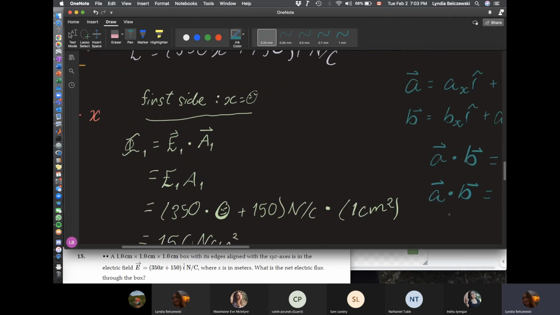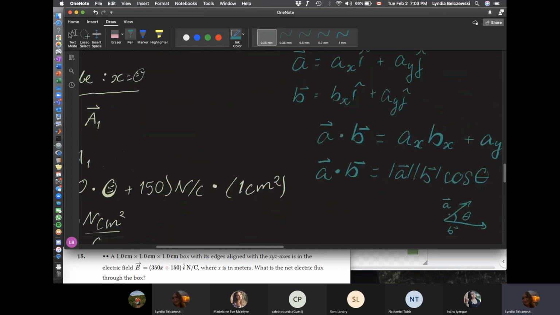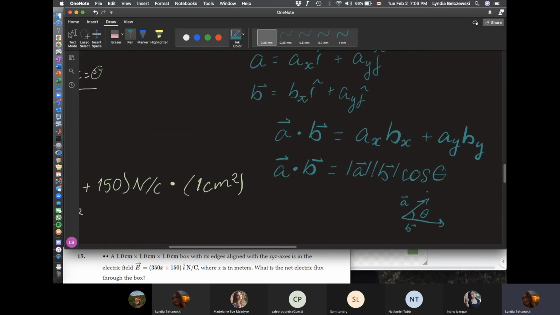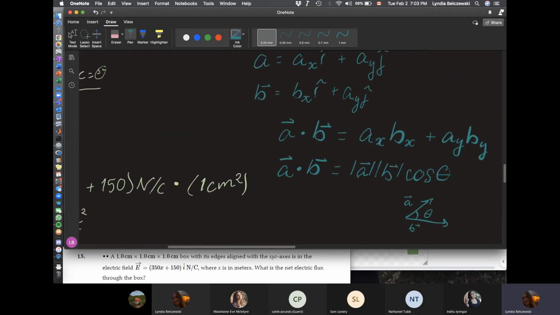So I used this second definition of the dot product, the magnitude of one vector times the magnitude of the second vector times the cosine of the angle. Because the angle was 0, the cosine of 0 is 1, and so the dot product of the electric field and the area ended up just being the product of the magnitudes of the two of them.